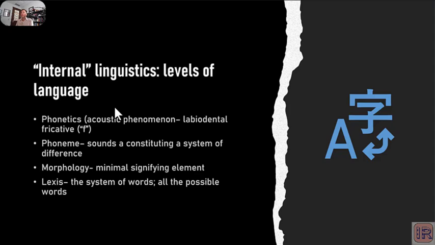And then the system of all the words is called lexis or lexicon, and this is all the possible words in a language. This takes us almost to the top level of the internal system of language, which is syntax, which is how we put all of this together to form meaningful statements. And so a structural linguist, a synchronic linguist, will look at abstracted sentences to see how that language makes meaning.